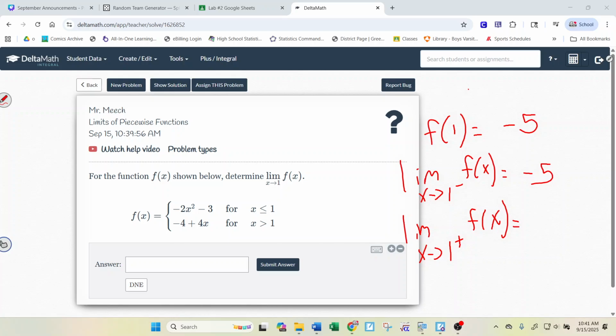Which is 0. So what's the limit at 1? Doesn't exist. Why? Because they're not the same. By theorem Bob, these are different, so the limit does not exist.